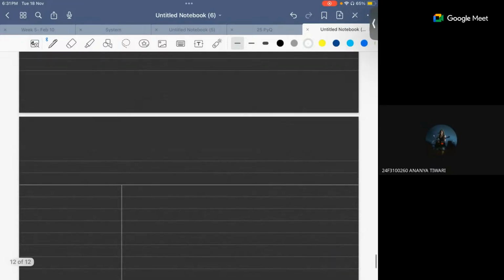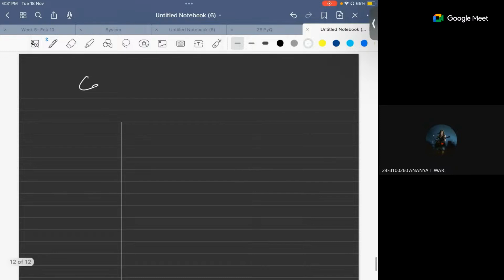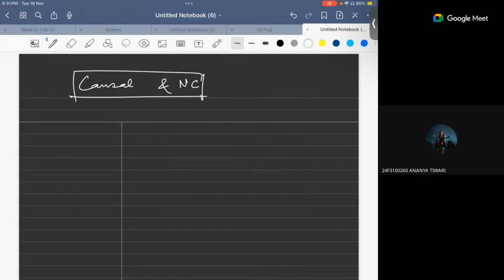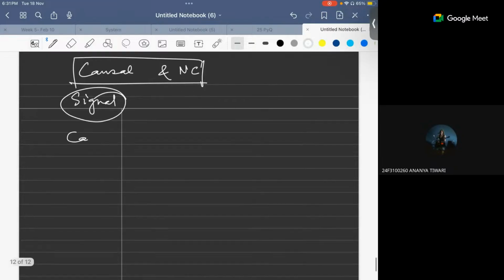Now the remaining parts are very simple. The causal and the non-causal. You would have studied causal and non-causal for signals also, right? What are causal signals? Which depend on present and past?